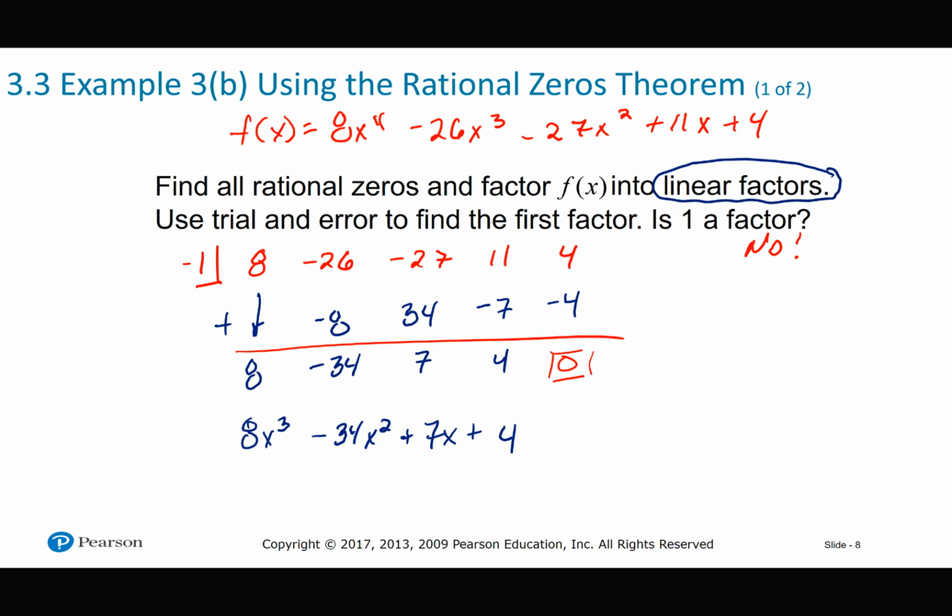All I know is x plus 1 is a factor so far. So I could say x plus 1 times all of this will equal my initial polynomial that I'm working with. Okay, so we've confirmed x plus 1 is a factor. We have to keep going. This one's not done. So I said these problems can get long, can get tedious.